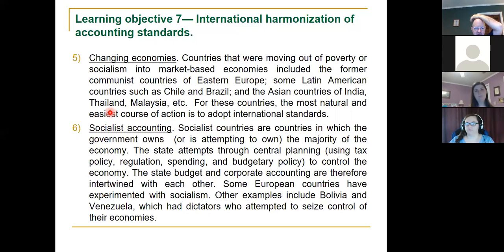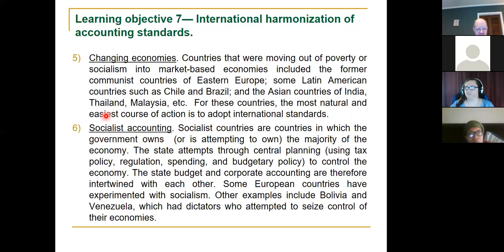Thailand had its own standard-setting body for a while. In fact, one of my classmates from my doctoral program was on their equivalent of FASB. But they ended up going to strictly following FASB standards.